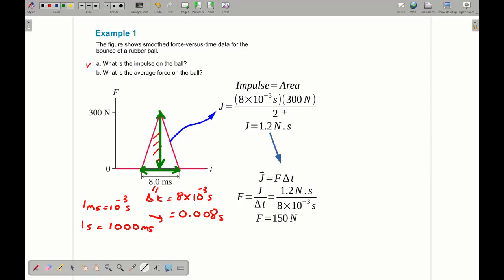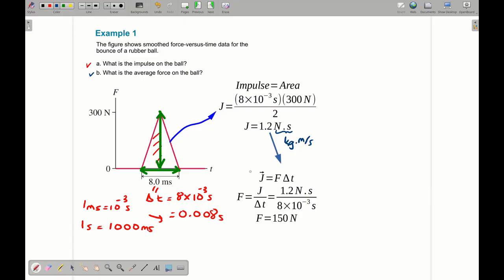My height is 300 Newton, divided by 2. That's the area, and it will be 1.2 Newton seconds here. Again, I can write this as kilograms times meters per second, also expressed in that format. Then part B asks what is the average force on the ball.